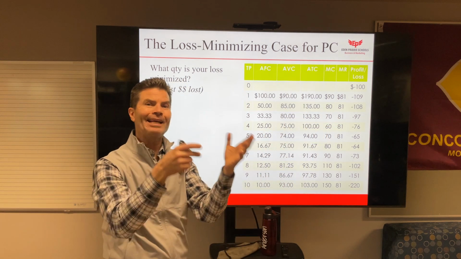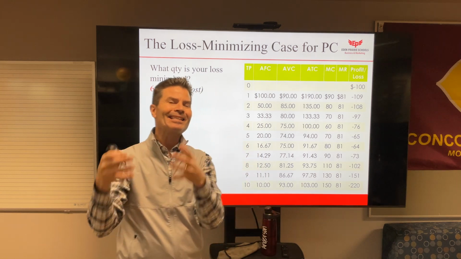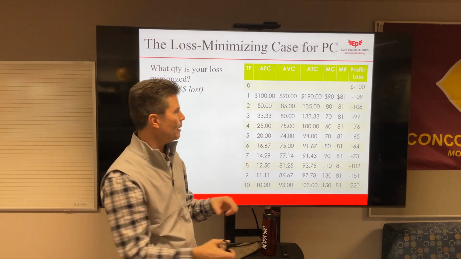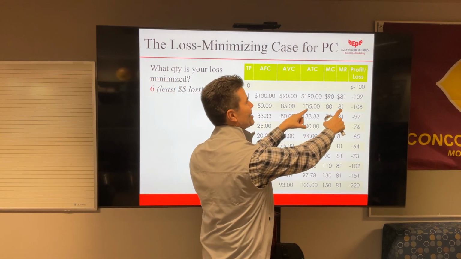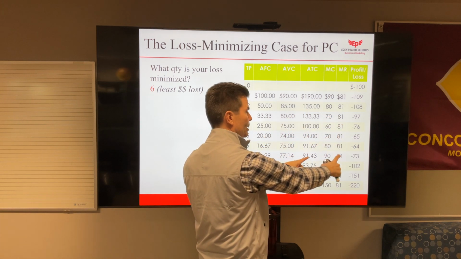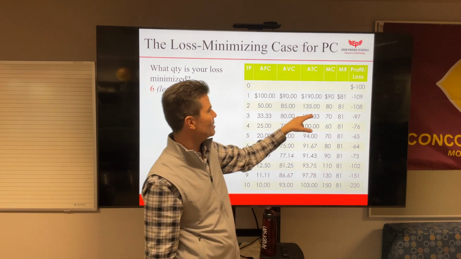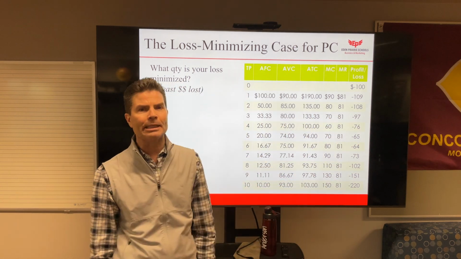Well, profit is price minus ATC, because price is your average revenue and ATC is your average cost. You have to compare those. ATC is more than price here. Losing money, losing money, losing money. We're losing for all of these because my price is less than my ATC at all of these points.